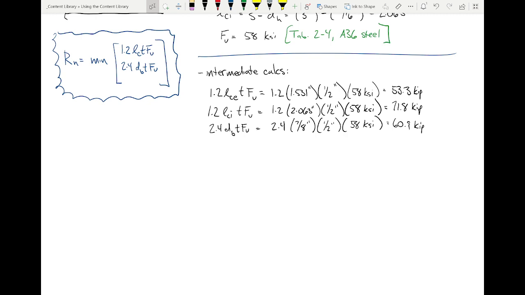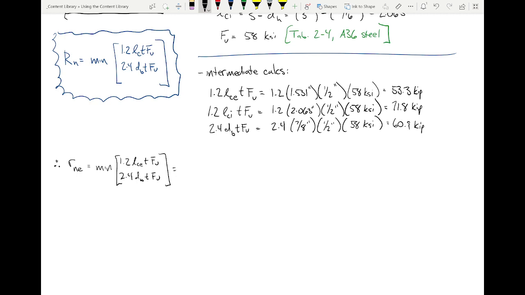The reason why I like to do the intermediate calcs is this. Here's the thing. If you want the nominal capacity of an edge bolt, it's the minimum of this. And what is that?